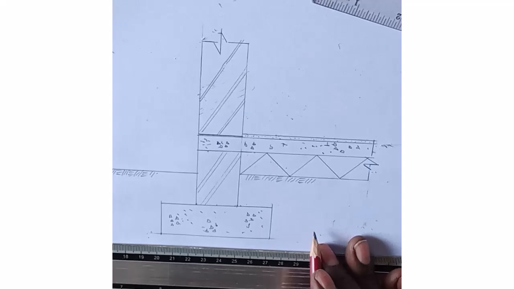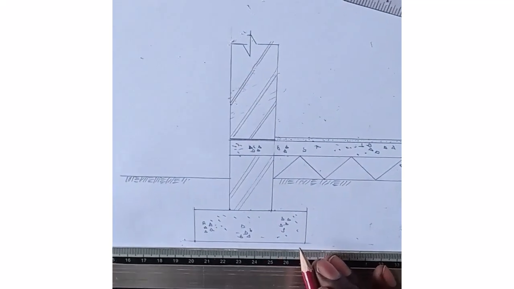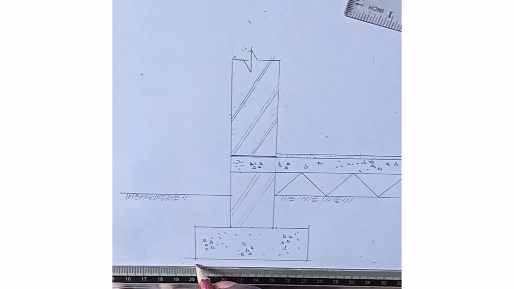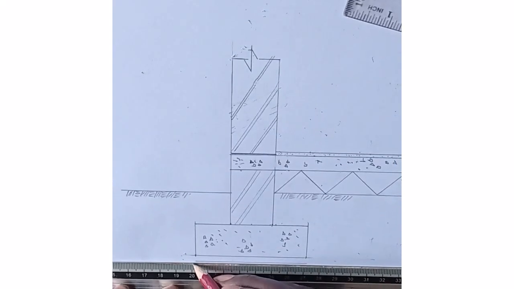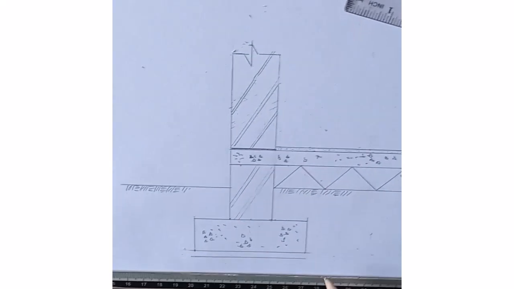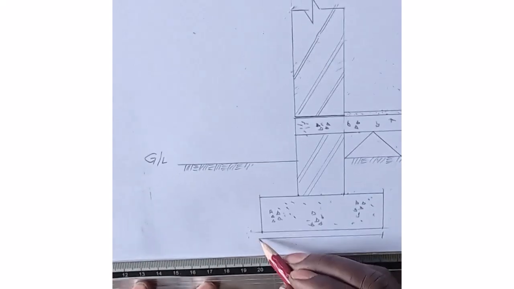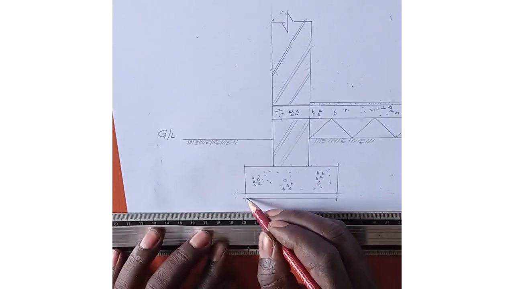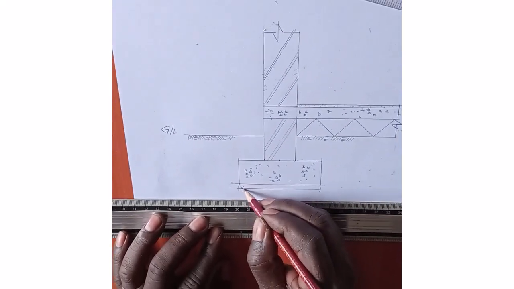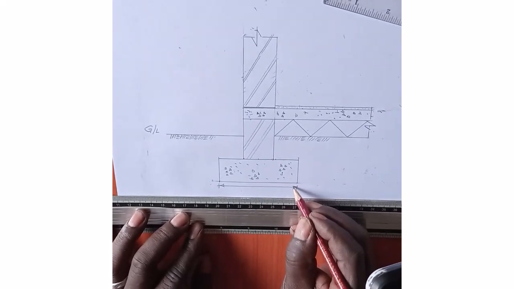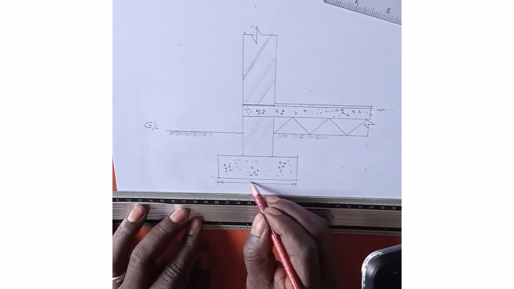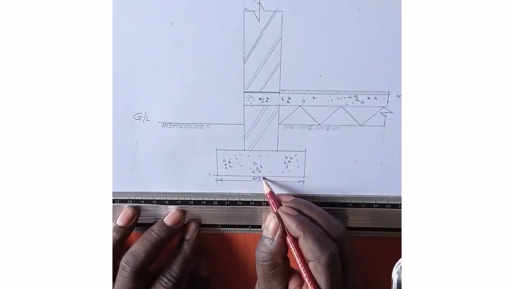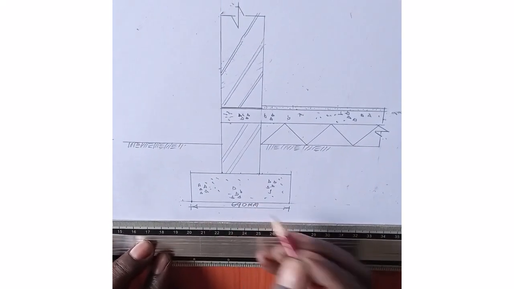And the dimension is 690 by 230, but it depends on the design. Some are going to use even freehand, but you should not use freehand. So we have an arrow here. This arrow is here. So this is 690 millimeter.